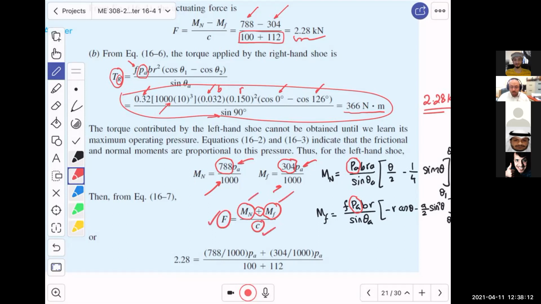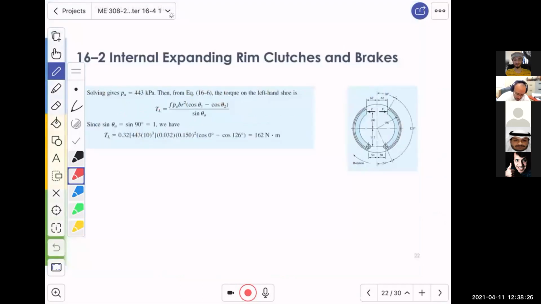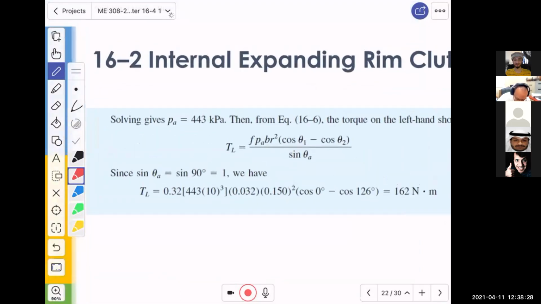This one and this one are both functions of PA. So what happened? You will end up with one equation, one unknown. In other words, this equation will help you determine the pressure in kilopascal for the left shoe. How much is it?